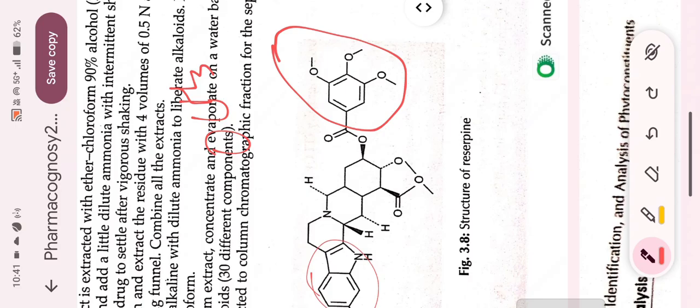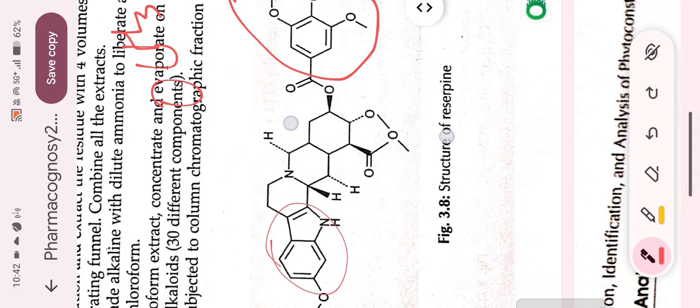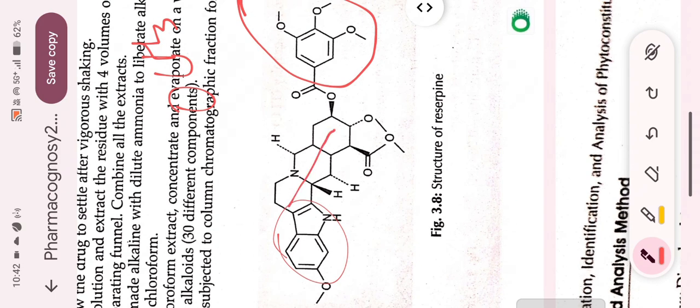Ether group. We have an ether group. And we have consecutive structure. So this thing and lastly this thing. Okay.